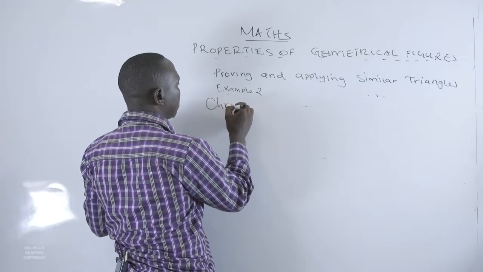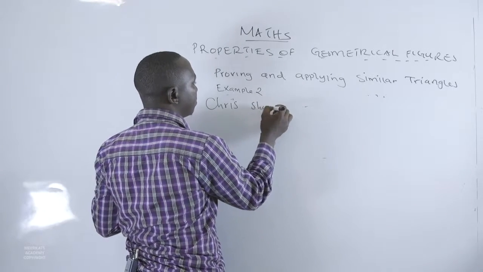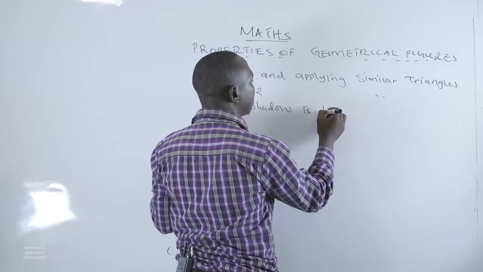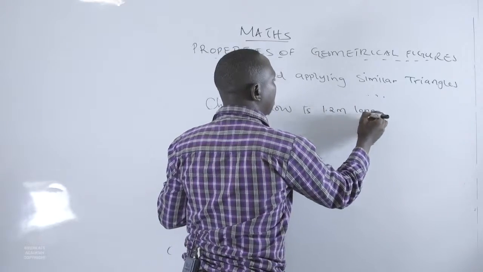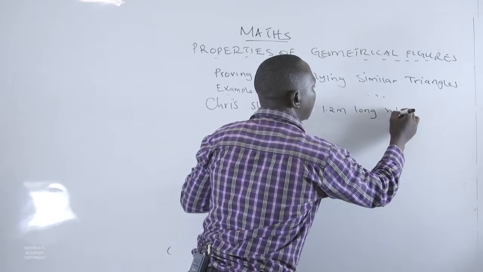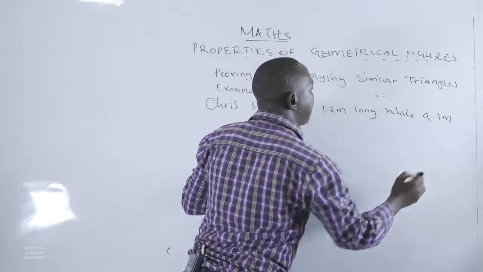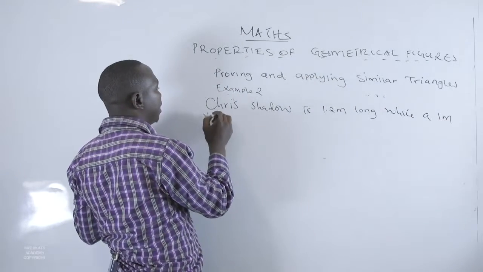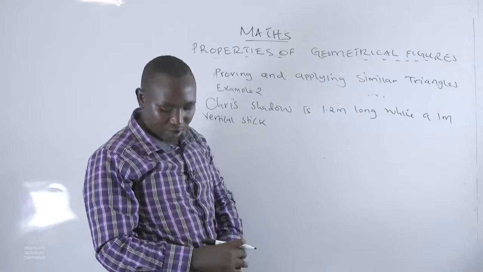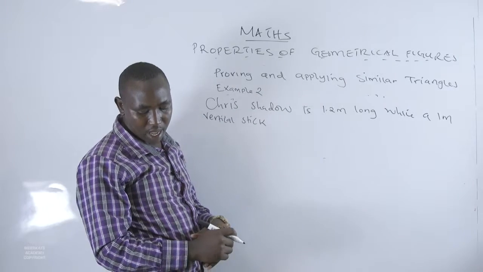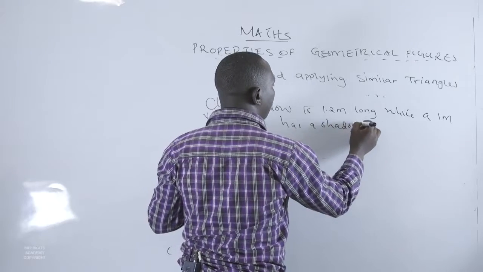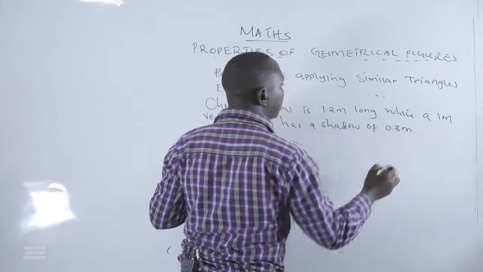Chris' shadow, that is the shadow of Chris, is 1.2 meters long, while a 1 meter vertical stick has a shadow of 0.8 meters.